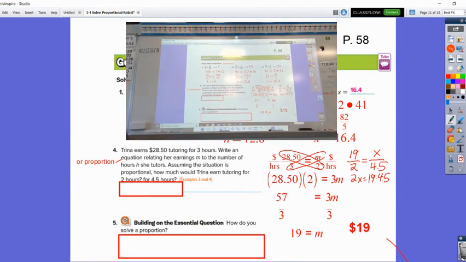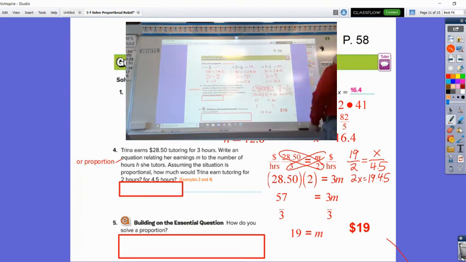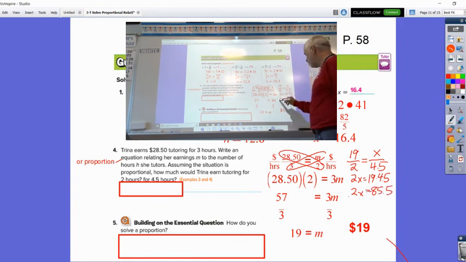What's 19 times 4.5? I'm going to run over to my calculator real quick. 19 times 4.5 is 85.5. Okay, so 2x equals 85.5. So divide both sides by 2.